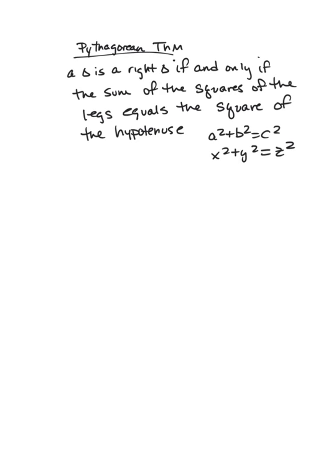So, when you have a right triangle, let's say we have this leg A, this leg B. We square those legs, add those squares, and they literally equal the square of the hypotenuse. Now, let's imagine that we made this an obtuse angle, right?